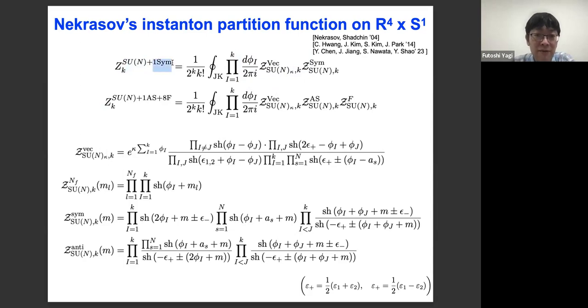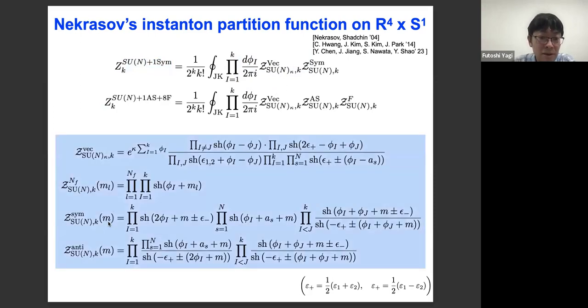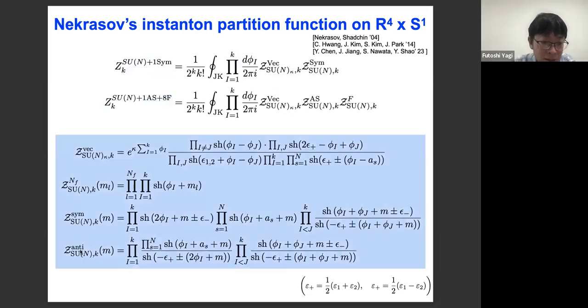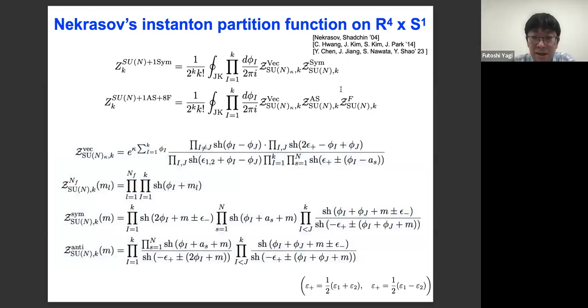In addition, if we have one symmetric tensor representation, we multiply the contribution from the symmetric representation, or if we have one antisymmetric and N_F flavors, we multiply the contribution from the antisymmetric. Sorry, this is AS, antisymmetric, and this is F. Anyway, we prepare the integrand corresponding to each matter content, and each includes some variables, for example k variables for k instantons.